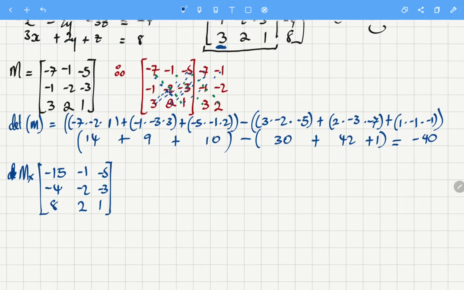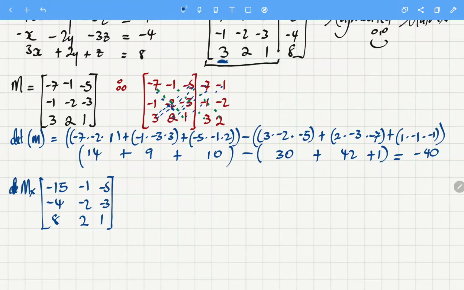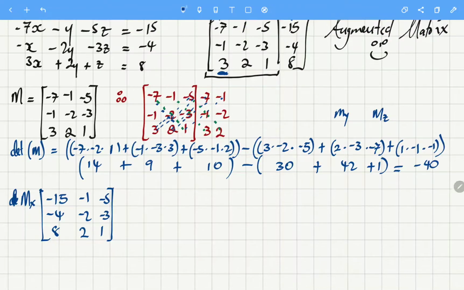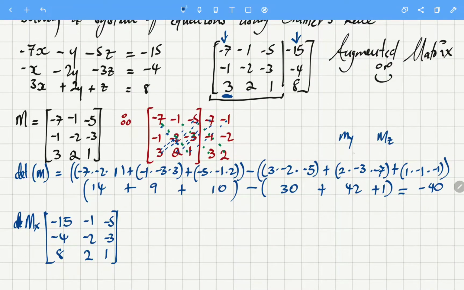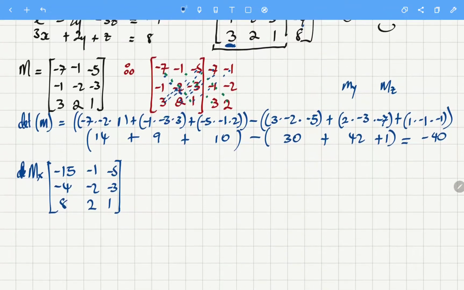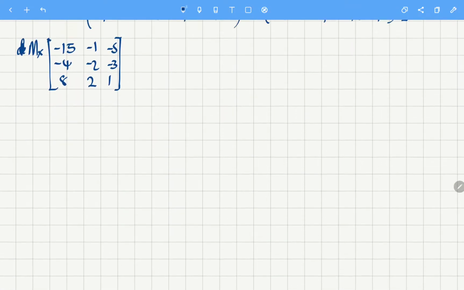Essentially, for My and Mz, I'll move that column into the middle for My, and for Mz, move this column to the last column, and then keep solving for the determinants of those matrices.